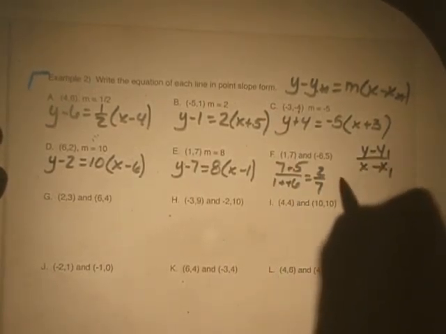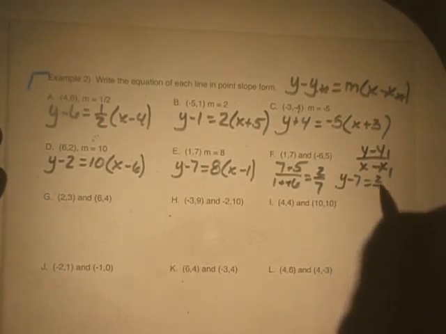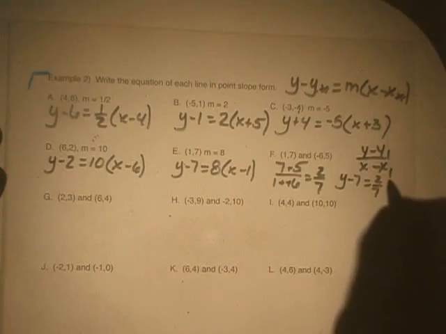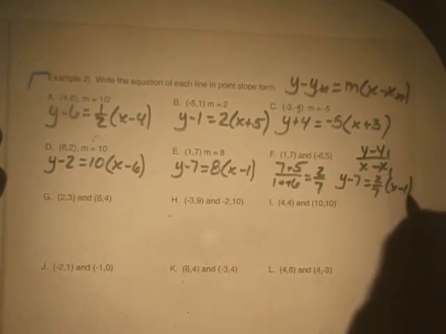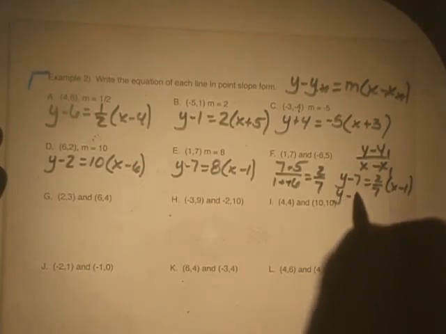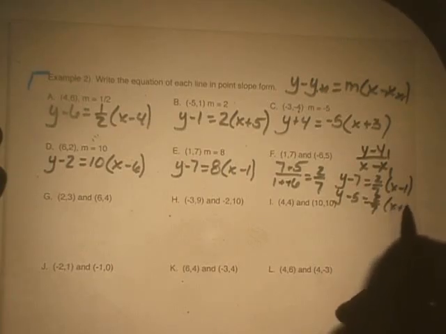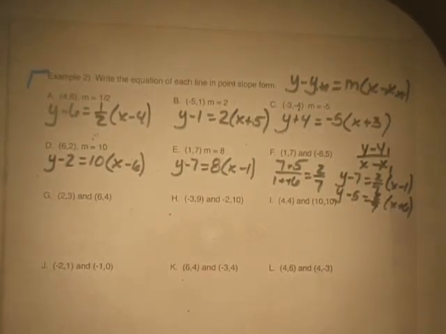I'm going to pick the first one, and it would be y minus 7 equals 2/7 x minus 1. You could also do the second one, y minus 5 equals 2/7 x plus 6. Either one of those is fine. So first of all, we find the slope, and then we put it in there.